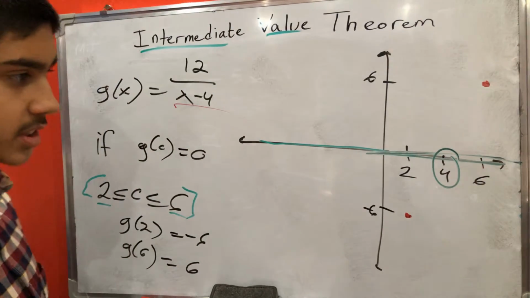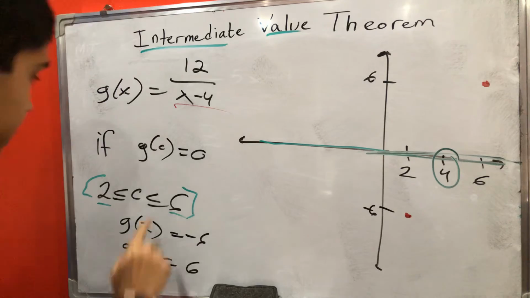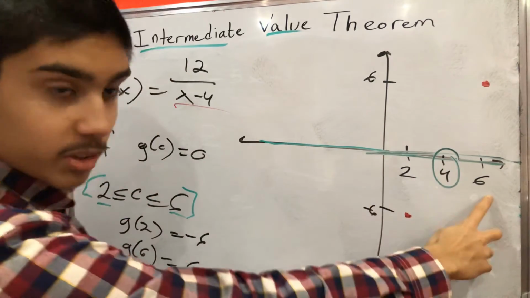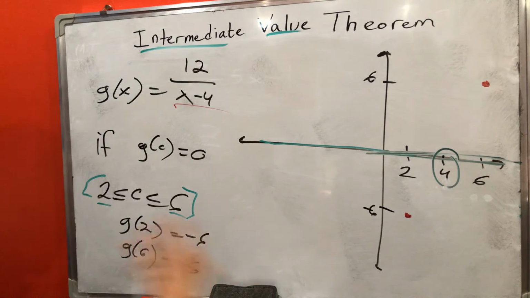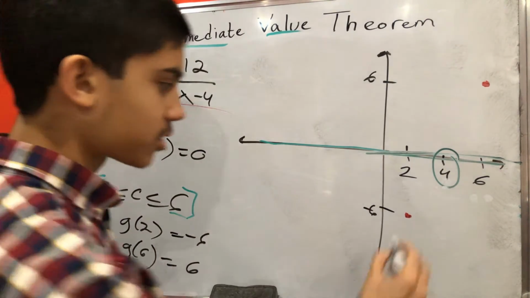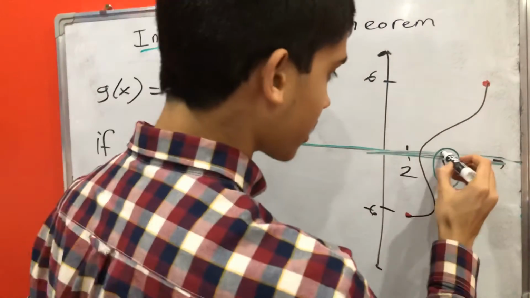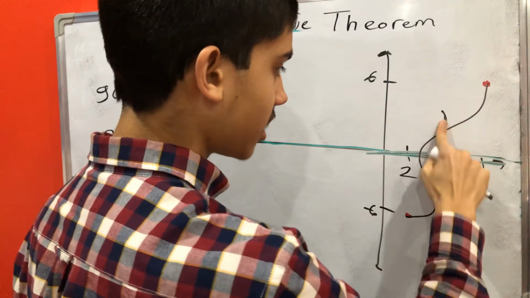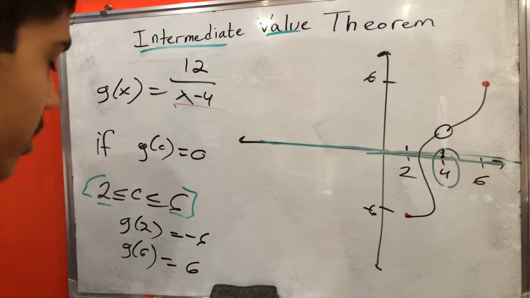The function is never going to go through 4. If we realize that between the interval they gave us there is a value at which the function is not continuous, we have to do more analysis, because we're not sure this is a simple continuous function. It's not defined at 4. This is not an existing point. And so this theorem doesn't really hold true anymore.